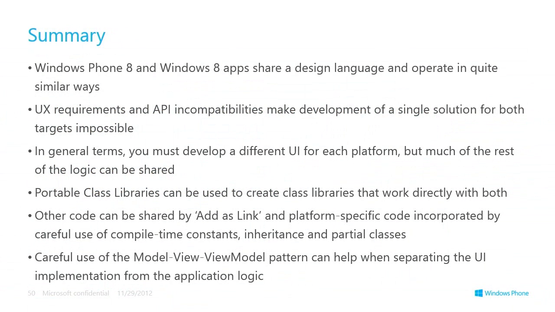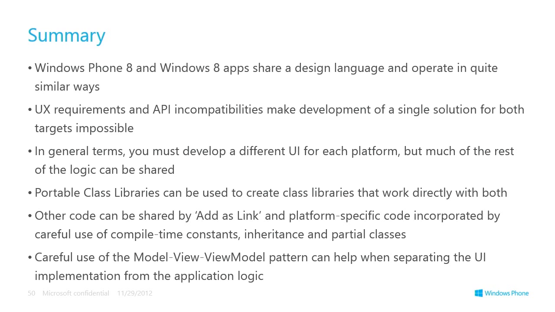Right, so in summary, Windows Phone 8 and Windows 8 apps have a lot of commonality. Most of all, it's the design language, and they operate in quite similar ways. If you're developing for one platform, you're going to feel very comfortable with the application lifecycle of the other. Now, in general terms, and it's a gross simplification, you need to develop a different UI for each platform.